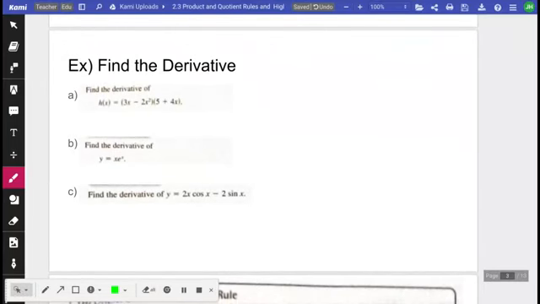Okay, so we're going to find the derivative of 3x minus 2x squared times 5 plus 4x. So this is my first function, and this is my second function. I'm going to use the rule 1d2 plus 2d1, or the first function times the derivative of the second plus the second times the derivative of the first.